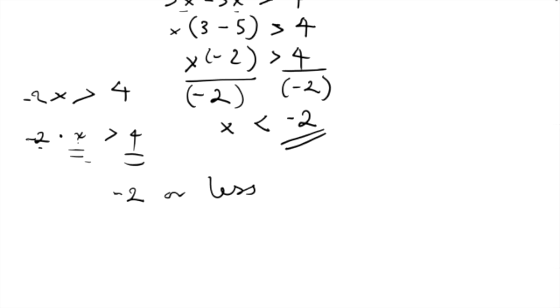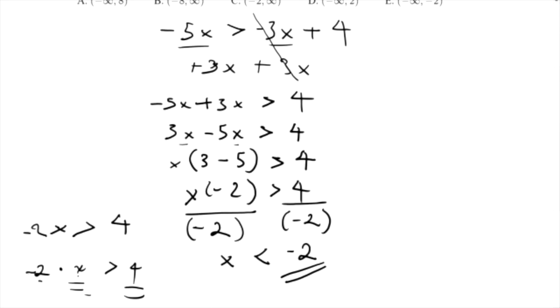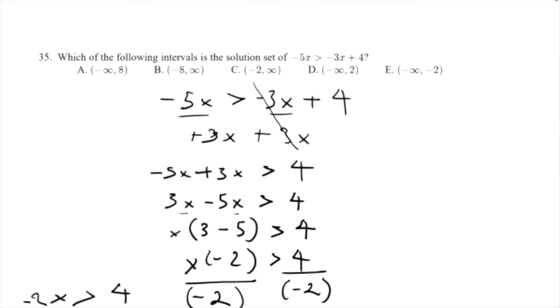Now back to this. Since x is less than negative 2, we are going from negative 2 all the way to negative infinity. We go back to our options and we see that it can't be this one, and it can't be that one.